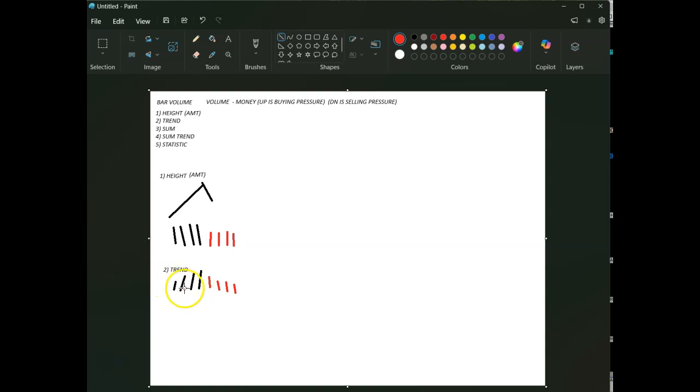That means money is coming in. And this here means less money is coming out. So this is the trend of the volume. Money is coming in. That's all. That's the trend of the volume.